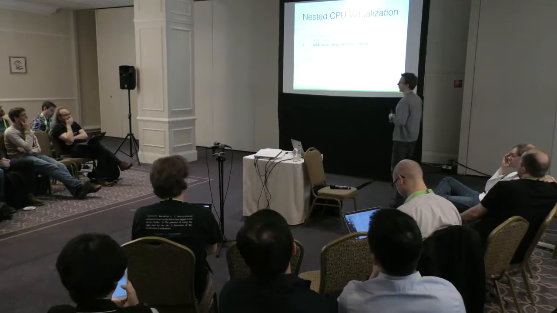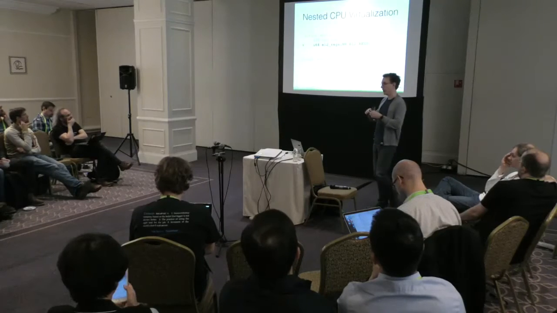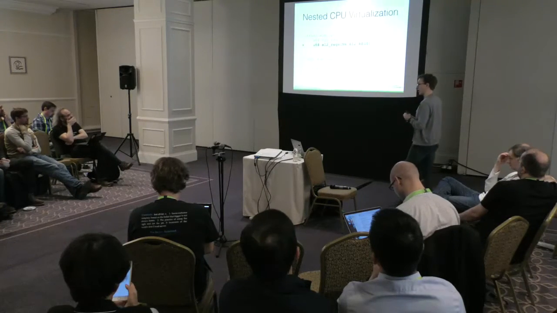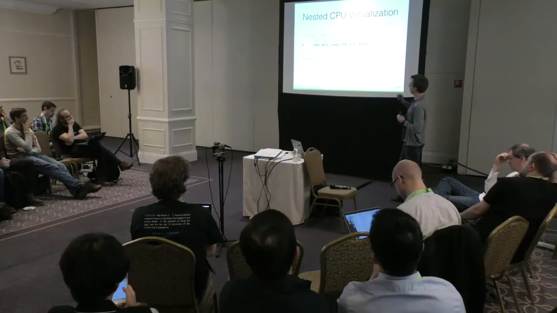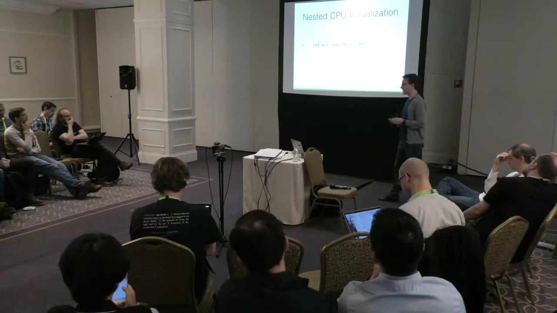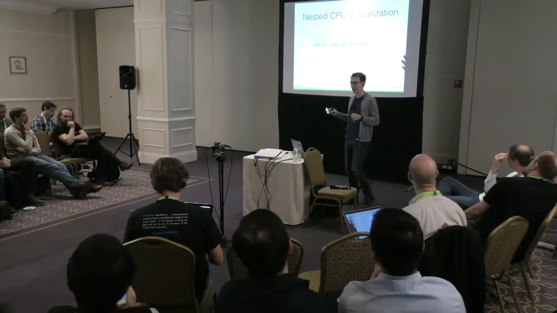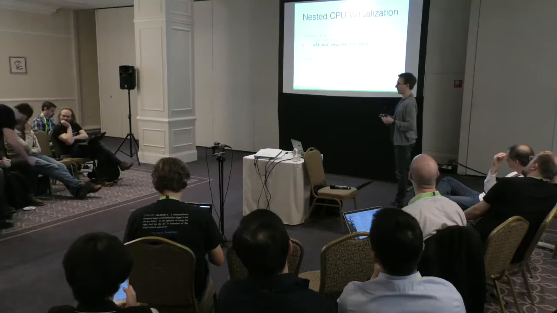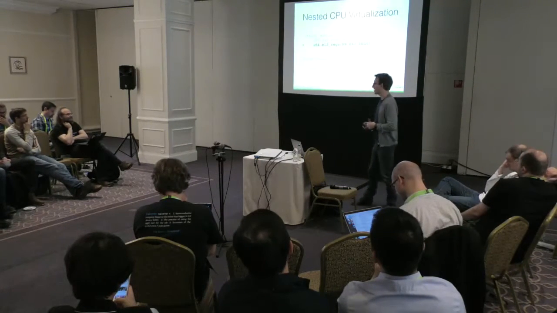So the first step in providing nested CPU virtualization is to add the state into memory to represent a virtual CPU that now has EL2 in addition to EL0 and EL1, right? So that's great. It's pretty much a set of system registers. It's an array that you add into the context in your memory. So fantastic, you can then describe a virtual CPU that has virtual EL2, but if you can't really run it, it's not of much help.